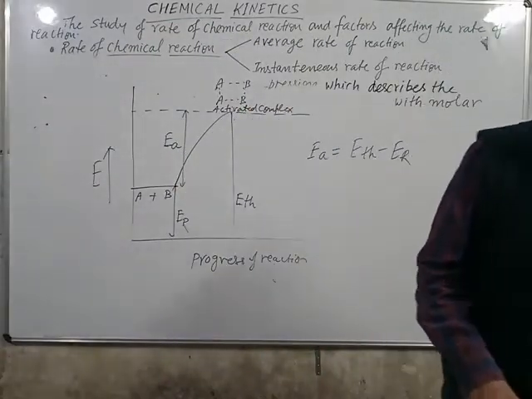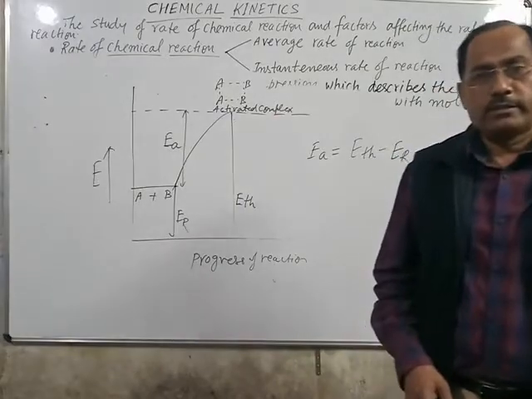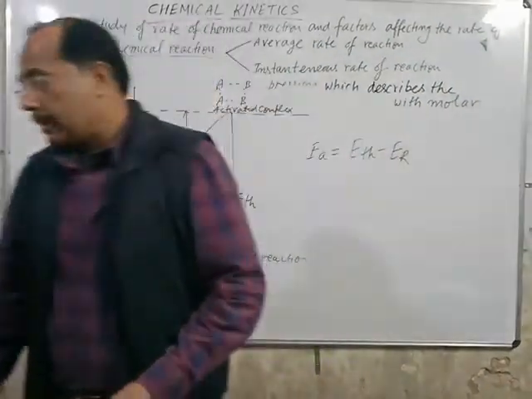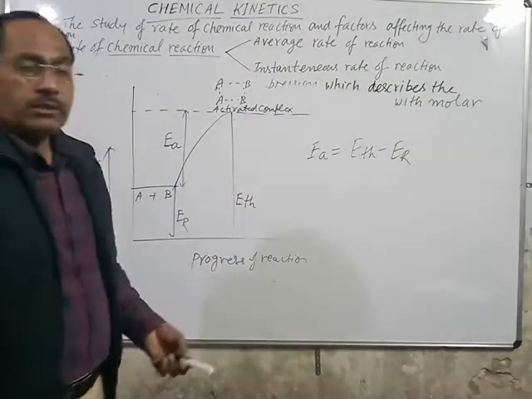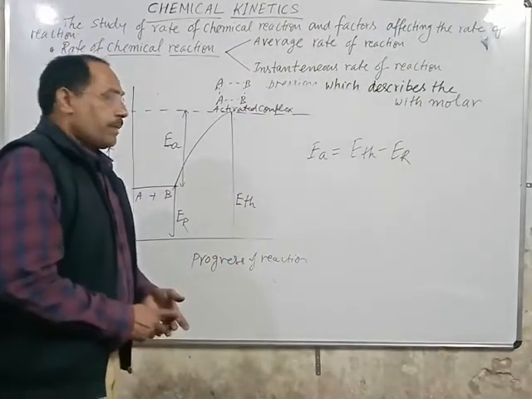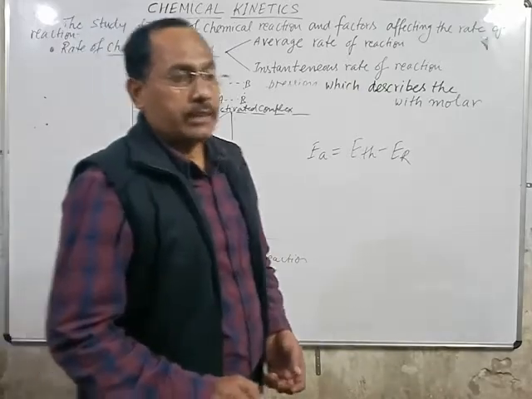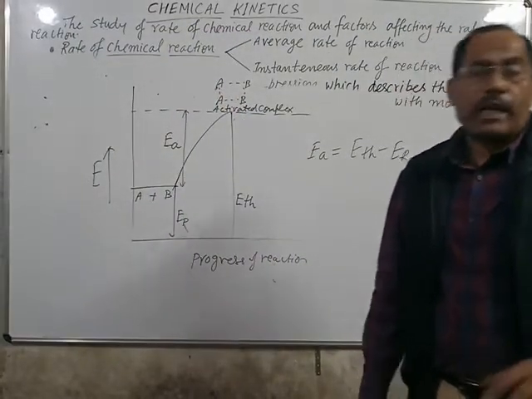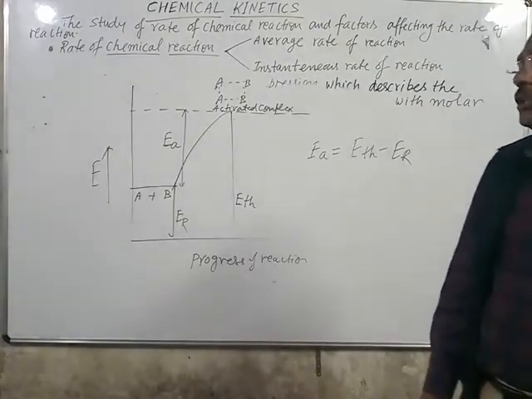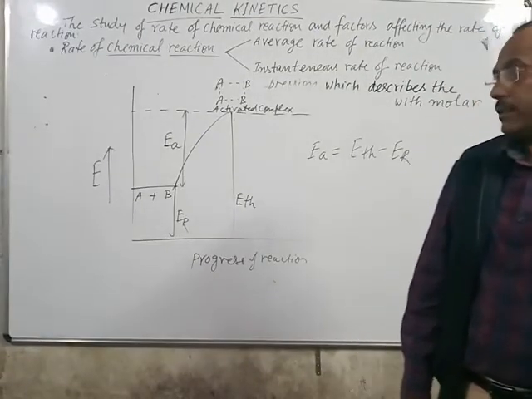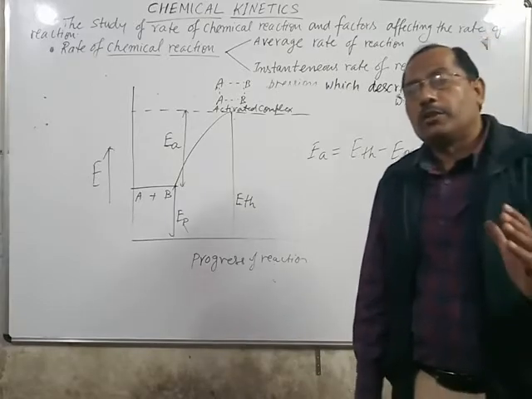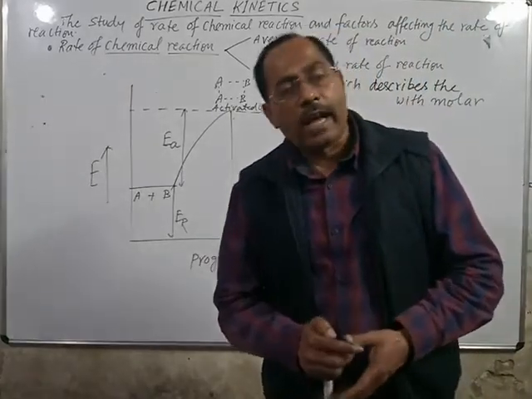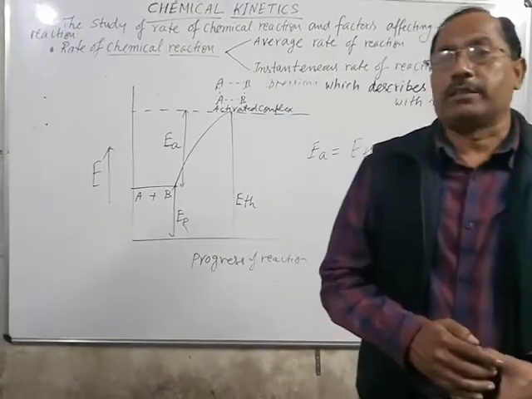Now we can explain the role of catalyst with the help of this curve. If a reaction without catalyst takes energy of activation EA, then catalyst decreases the value of energy of activation and provides new path for the reaction. In this way, a catalyst increases the rate of reaction.